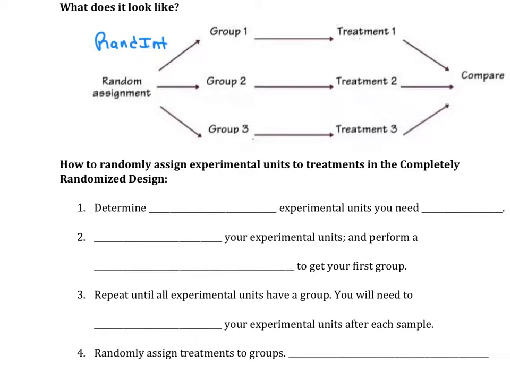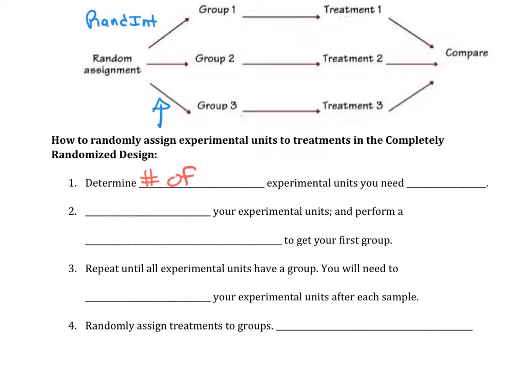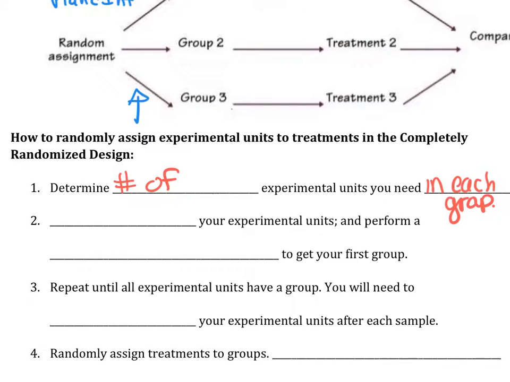So how to randomly assign the experimental units to the groups, so how to do this part. You're going to first just determine the number of experimental units that you have, or that you need in each group. So for this one, having even numbers or close to the same number of individuals in each group would be the best.